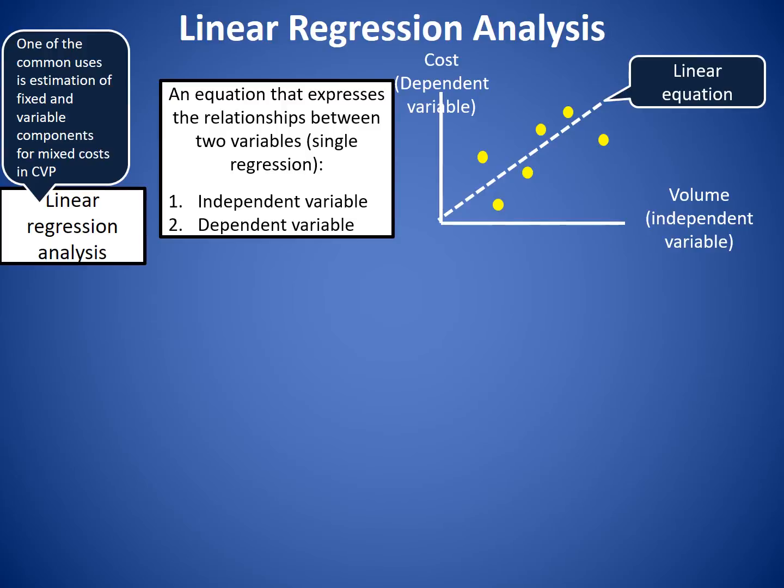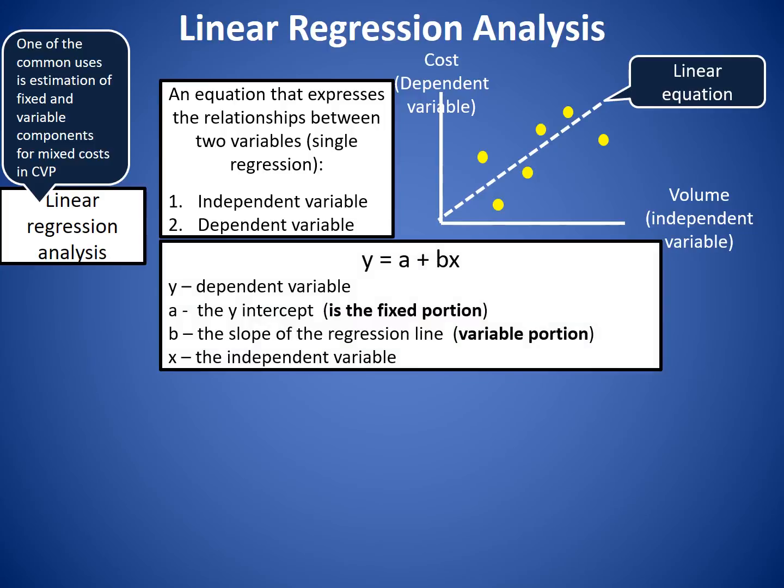Now you'll notice these are not necessarily a perfect relationship because they do have variability, but we have to come up with something that will be a good approximation and hopefully minimize the amount of variability between our dependent and independent variables. Now, the actual linear equation itself comes out to y equals a plus b times x.